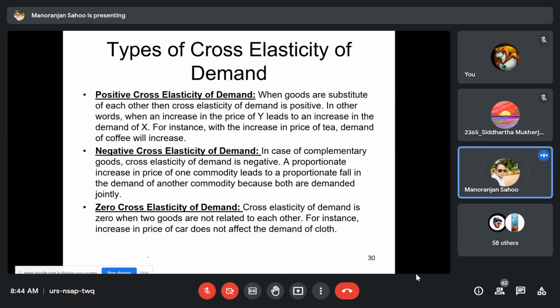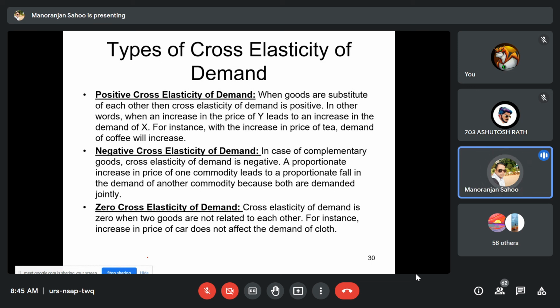So both are complementary, because of which if the price of one commodity increases, the demand for the other commodity will reduce and vice versa, as a result of which the elasticity value will be negative. Okay, and if the cross elasticity value is zero, then you can say these two commodities are not related to each other.